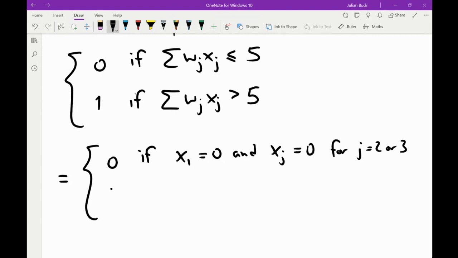And it's 1 if x1 equals 1 or x2 and x3 are both equal to 1. And so just as before, this does exactly what we want, right? It encodes the decision-making process described in the scenario.